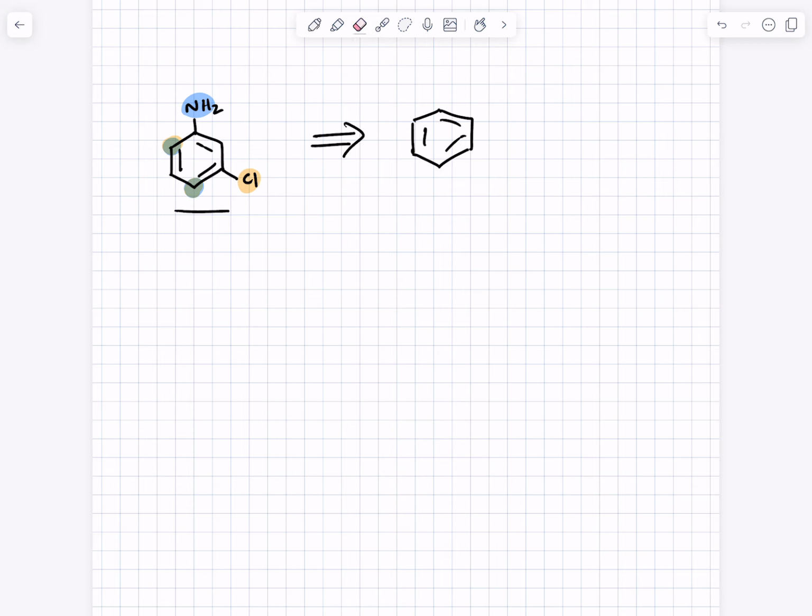The important thing to realize here is that these two groups are meta to each other. Now that's a problem because if I just go and start with putting on the chloro group, anything after that, the chloro is an ortho and para director. So anything I do after the chloro is not going to have meta spacing. If I did the NH2 group first, anything I did after NH2 is also not going to have meta spacing.